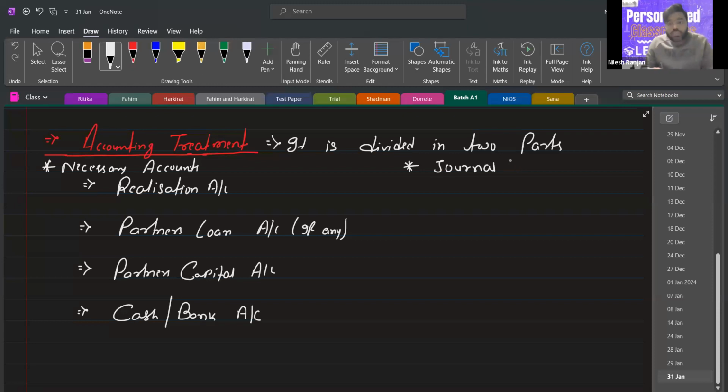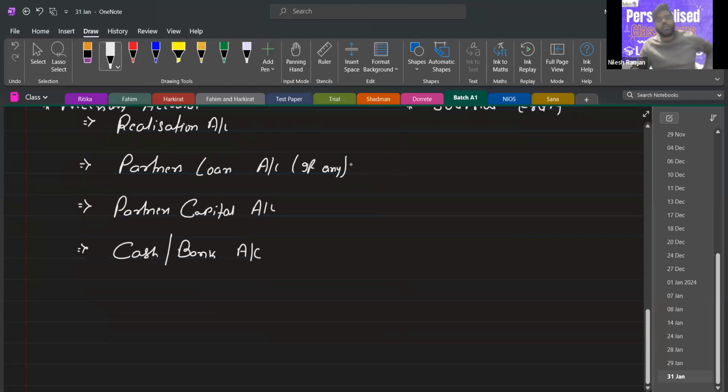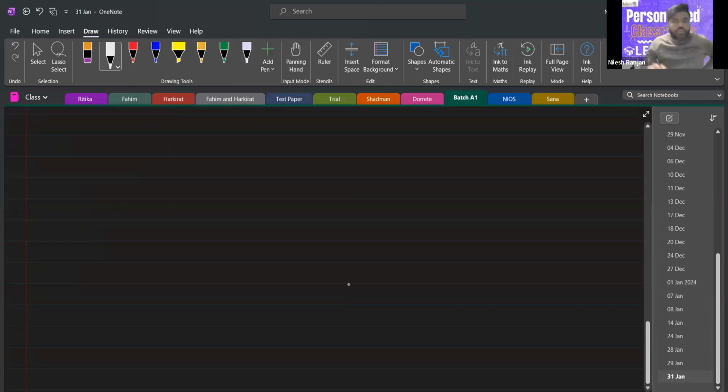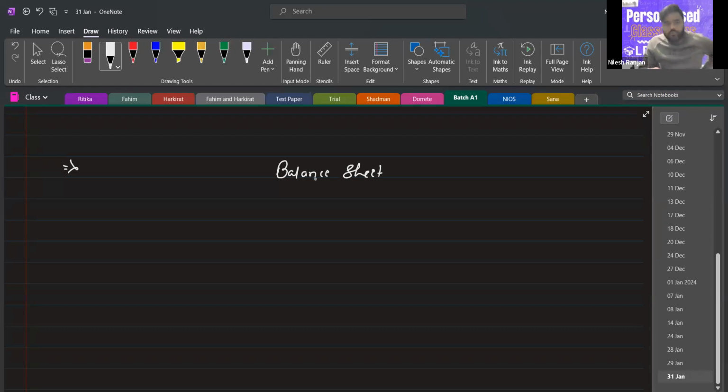Now, what is the process in accounting? You have to understand this. In most of the portion of dissolution, there will be a balance sheet given. If it is not given, then there will be some information from which you can prepare the balance sheet.